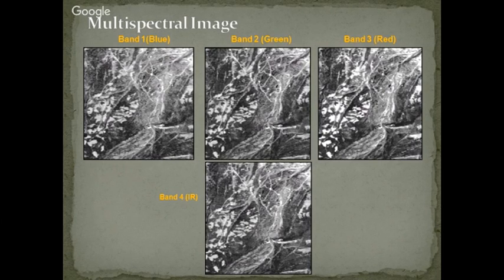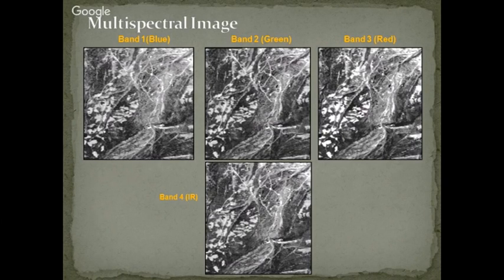Now all these images will appear in different shades of gray only, because in order to view color, the human eye requires a combination of three different bands, say blue, green and red, the primary colors. Only when we combine them are we capable of viewing colors.